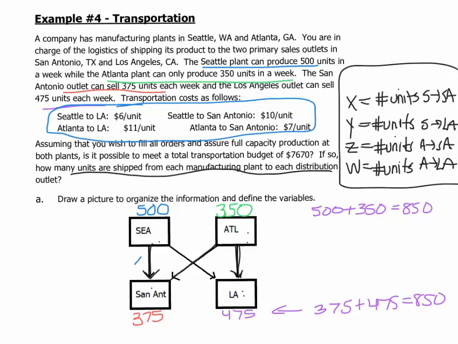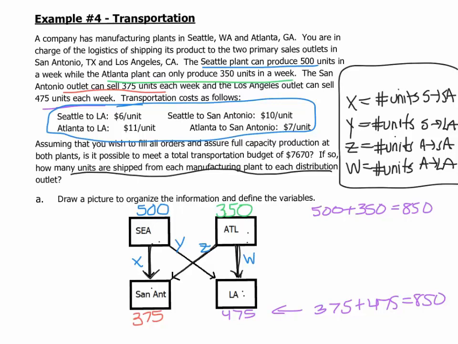My X was the number of units from Seattle to San Antonio. This arrow represented my Y. This was Seattle to LA. Z was Atlanta to San Antonio, and W here was Atlanta to LA.